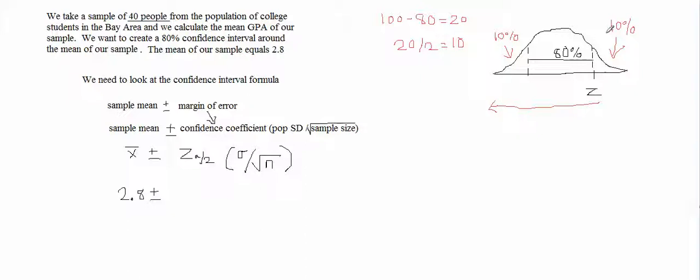Now what percentage of the curve is all the way to the left of this confidence coefficient? Well, if you add the middle to the lower tail, you get 90%. You combine them, so 90% of the samples are below the confidence coefficient that we're dealing with.